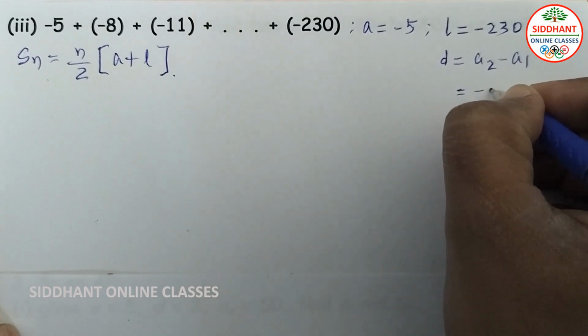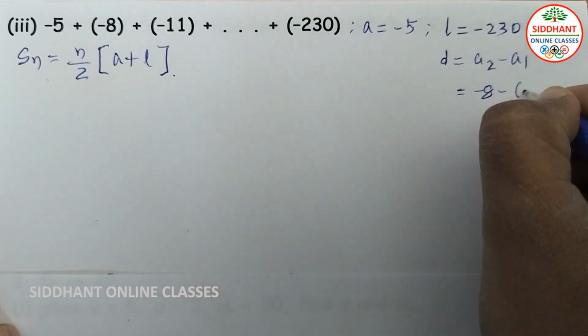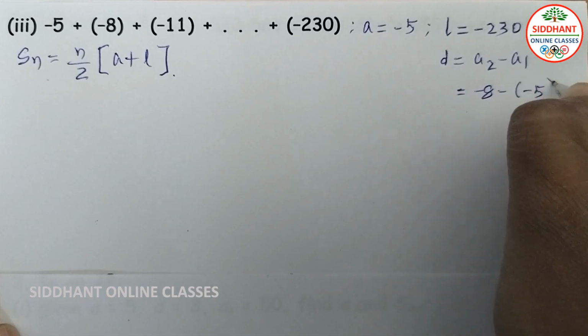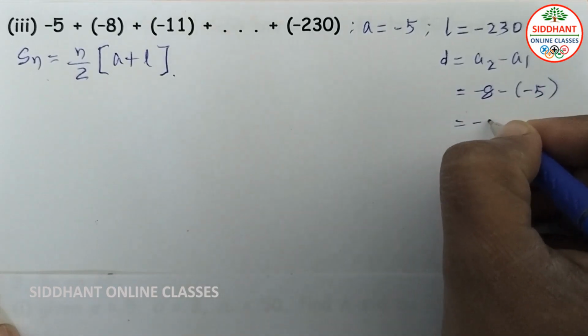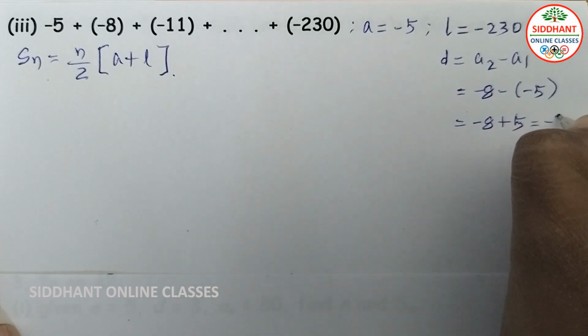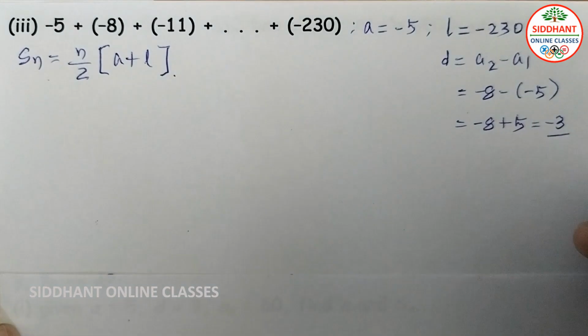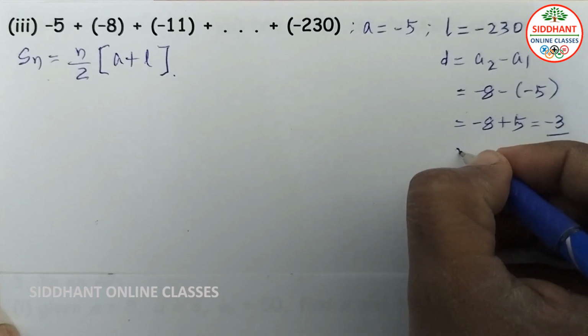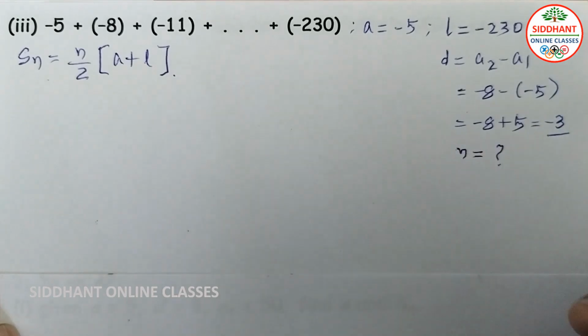A2 is how much? Minus 8, minus A1 which is minus 5 here. So that equals minus 8 plus 5, that equals minus 3 here. So n value is not given, n we are going to find out here.